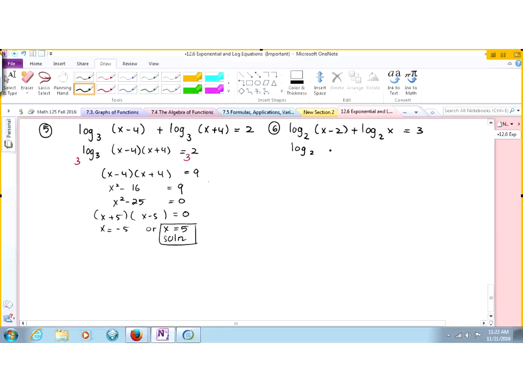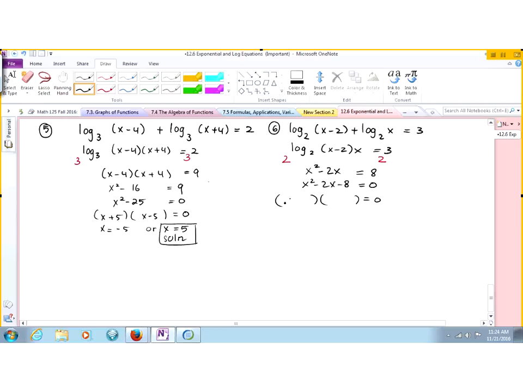Next, same thing, right? Log base 2 of x minus 2 times x is equal to 3. So 2 raised to the left is equal to 2 raised to the right. Factor?